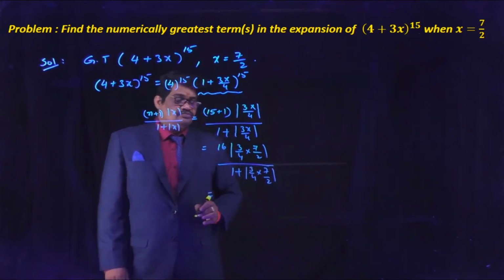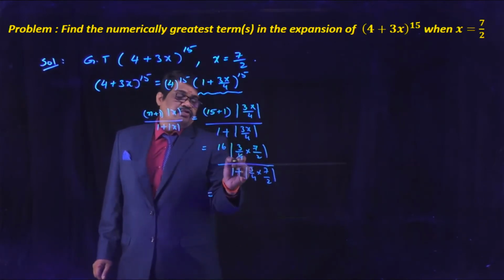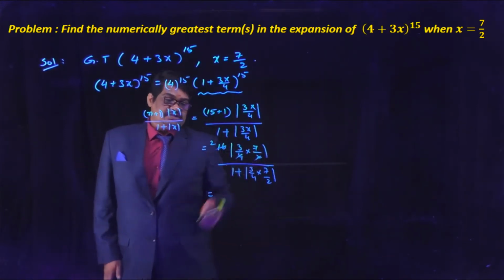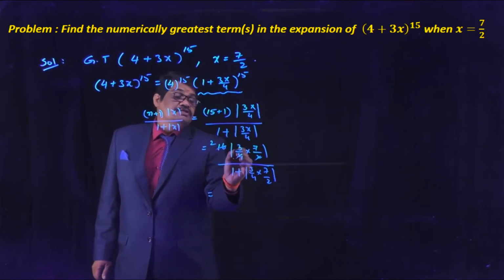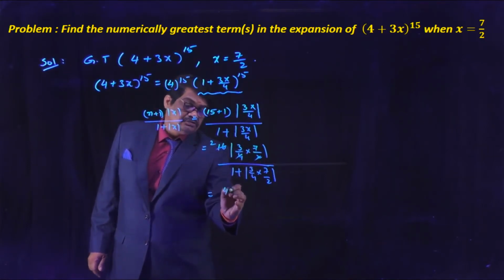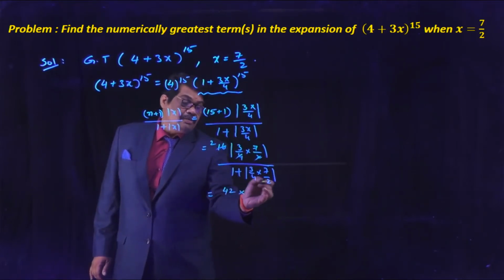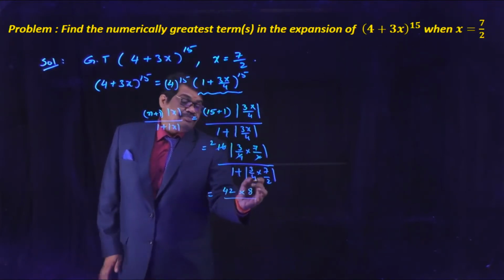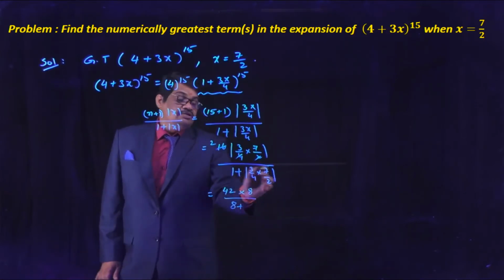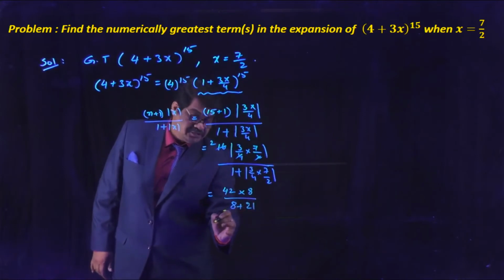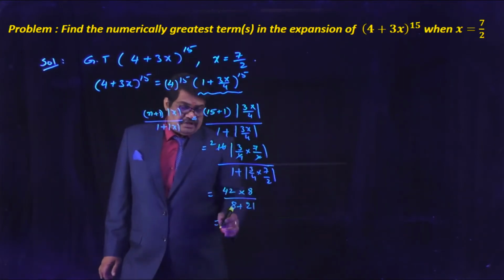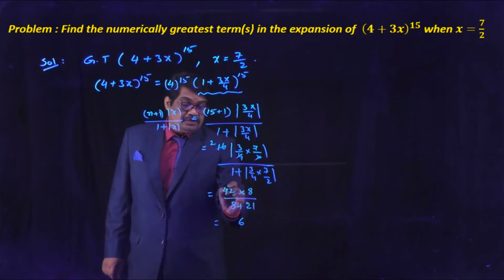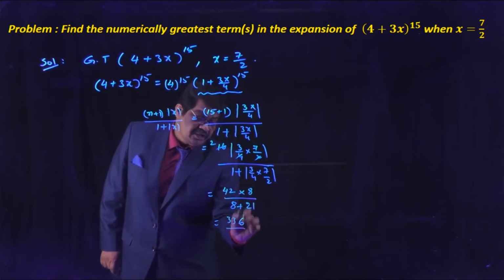Now simplifying: the numerator is 2 into 3 into 7, that is 42, into 16 by 4 into 2, that is 8. In the denominator, 4 into 2 is 8, 8 plus 3 sevens are 21, that is 29. So we get 336 by 29.